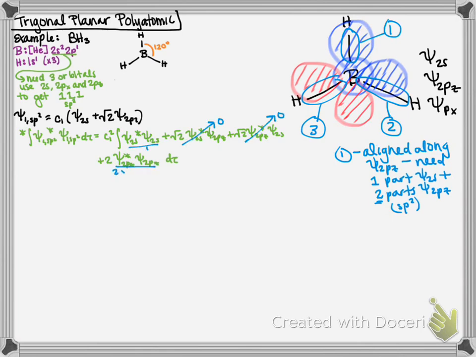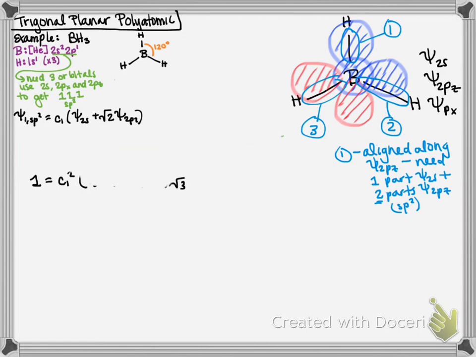And so c1 is going to equal, so we're going to get this 1 part to 2 parts, and c1 is going to equal the square root of 1 over 3. Alright, so we're just going to write that note up there. We already know that c1 is 1 over the square root of 3. This is a normalized wave function now.